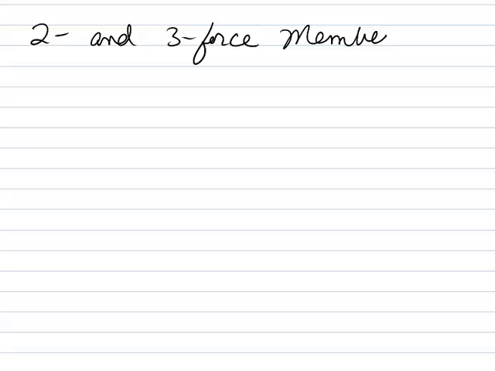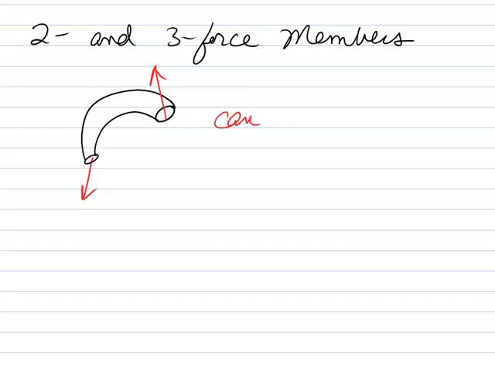And by that, I mean, say you have something like this, a little curve, something or other. If you've got a force like this, and say a force like this, let me try to make it really crazy. A force like this, these 2 forces can never be in equilibrium.